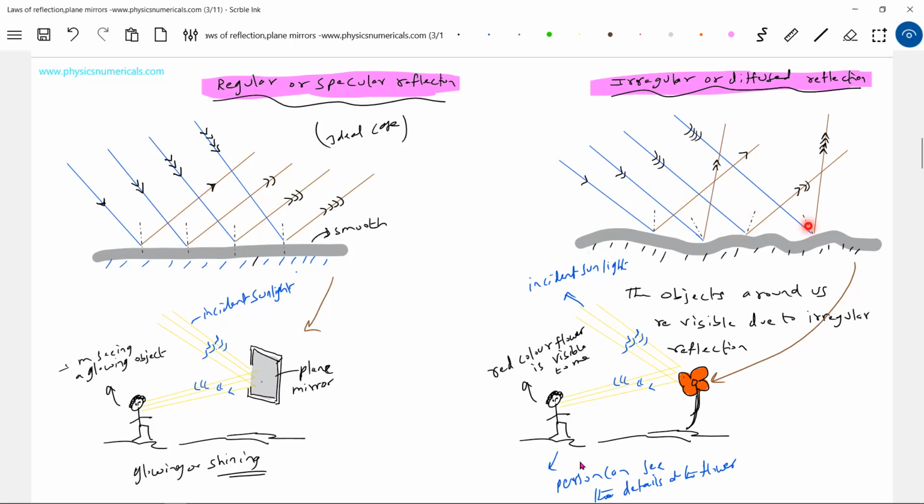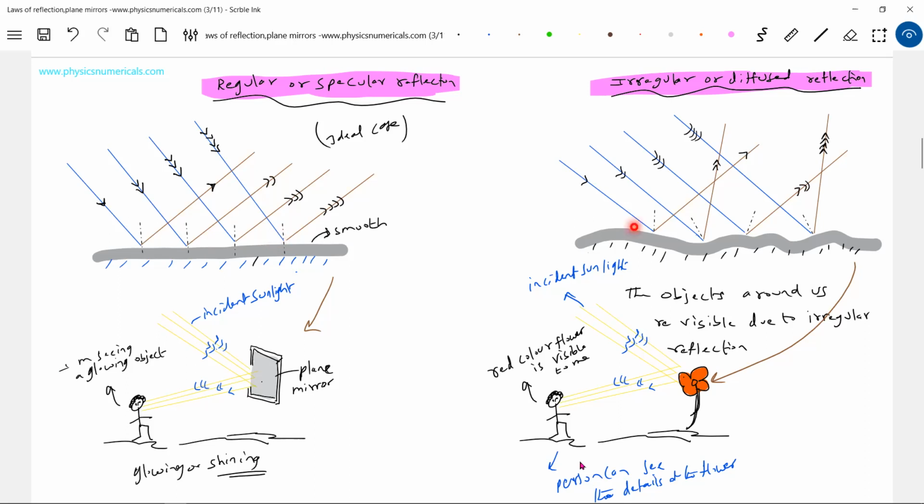Because of this, irregular reflection occurs and the reflected rays will not be a parallel beam. That's why we are able to notice the different parts of a body. Whereas here, the reflected rays will also be parallel. That's why we are unable to notice the details of the reflecting surface.